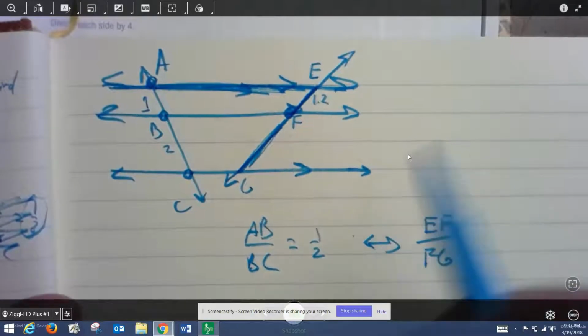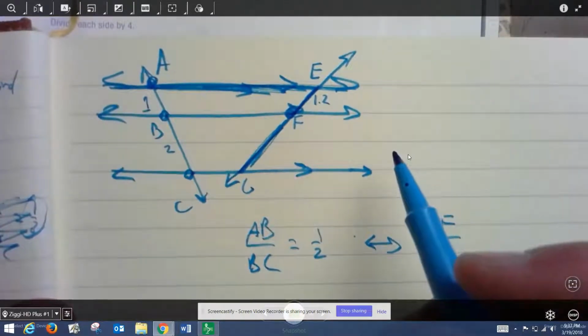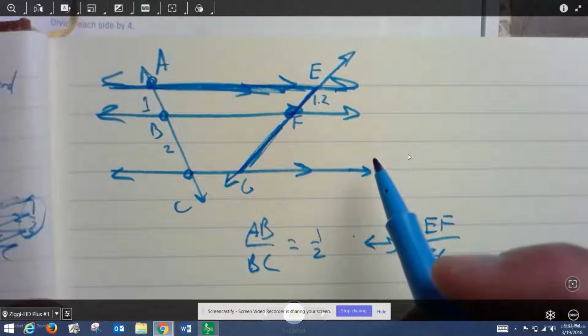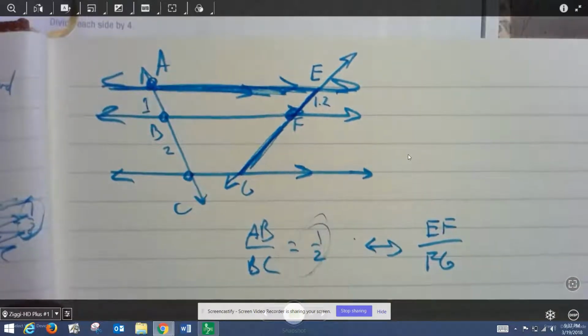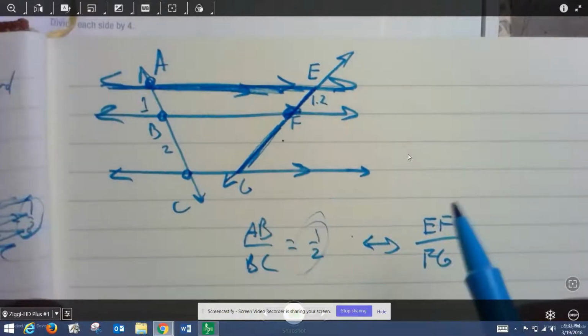If you can make it out and see, it seems like the way that AB and BC are related as a ratio, it seems almost proportional to the way EF and FG are related to each other.